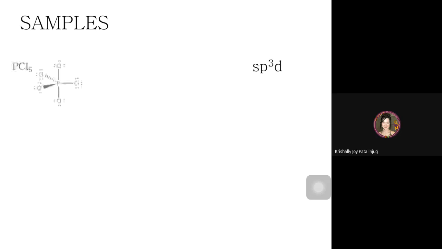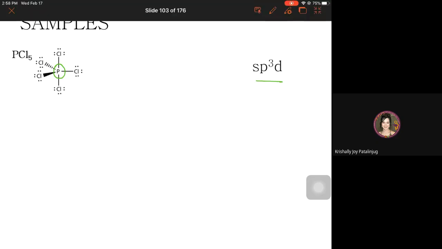Okay, another example: the molecule of phosphorus pentachloride. This time, the central atom is sp3d hybridized. Let's try to find out. Phosphorus has a total of 15 electrons. Let's check the distribution of electrons.